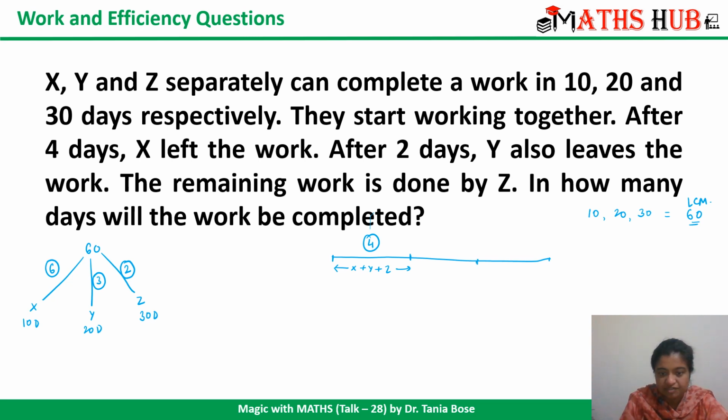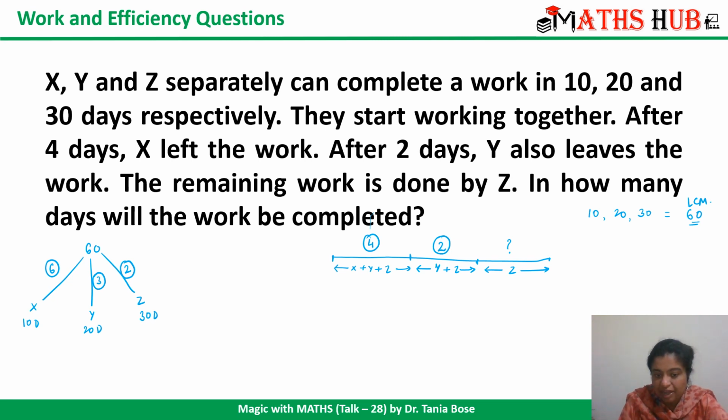Now after X leaves, the work is being done by Y and Z, right? So after another 2 days, Y also leaves the work, and the remaining work is done by Z. So in how many days will the work be completed?